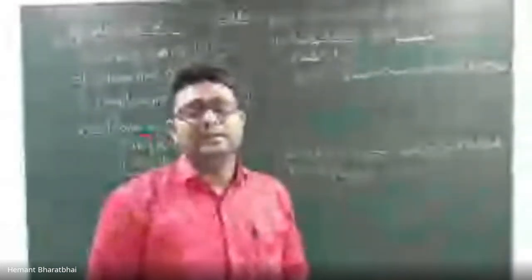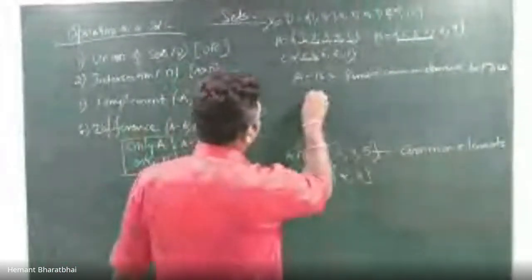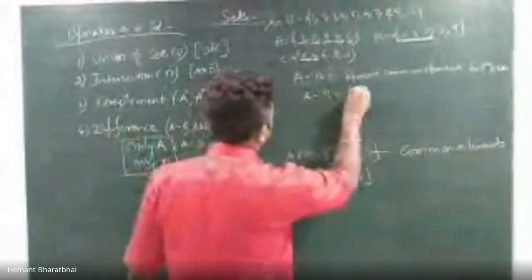So when I say A minus B, you have to remove all the B elements from A. When you remove 1, 3 and 5, what remains is 2 and 4. So A minus B is nothing but 2 comma 4.